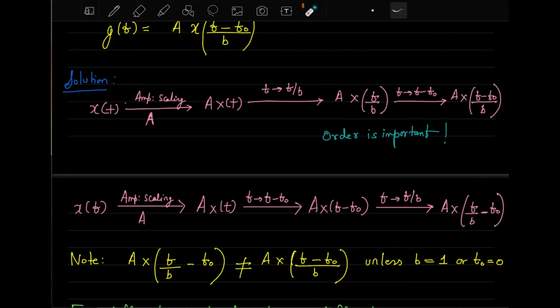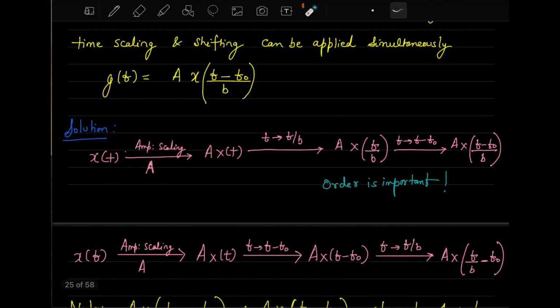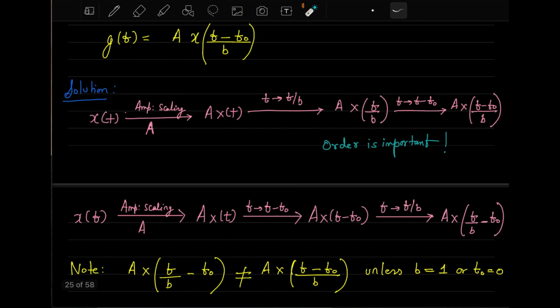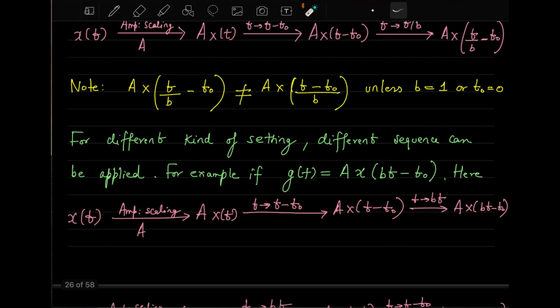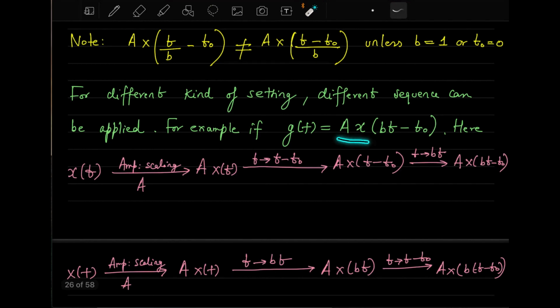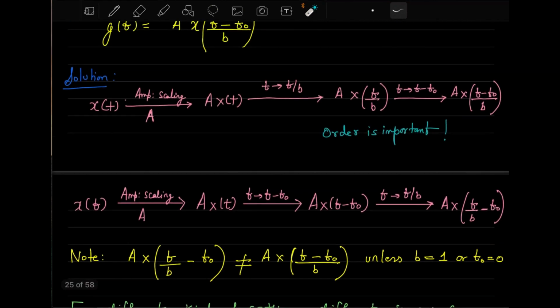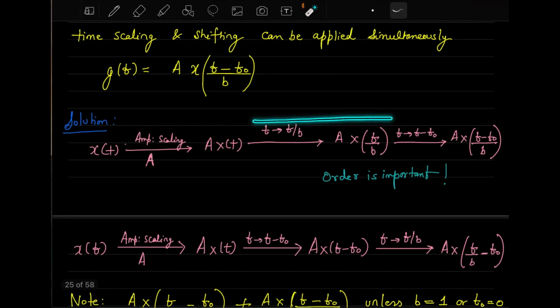So you can see that order is important if you have something like this, but it's not compulsory that you always have to do a time scaling followed by time shifting. So I will give you one counter example for that. If you have something like this here, then if you follow that particular sequence, the answer will not be correct.